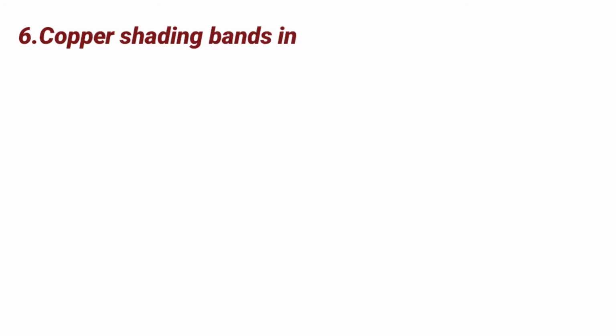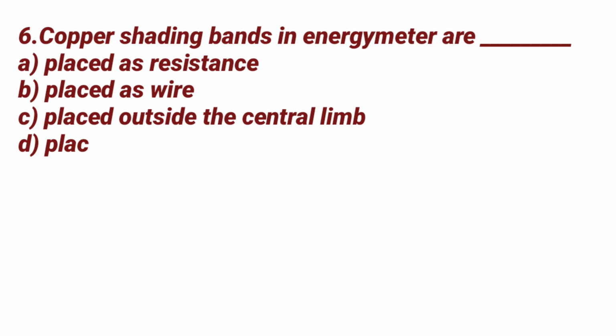Coming to the next question: the copper shading bands are A placed as a resistance, B placed as a wire, C placed outside of the central limb, D placed around the central limb. The copper shading bands are used for lead-lag adjustments.